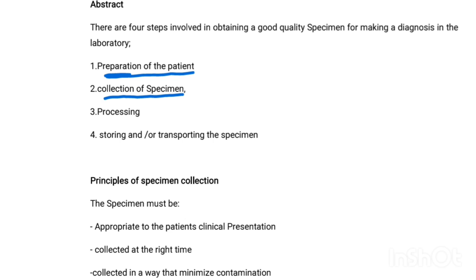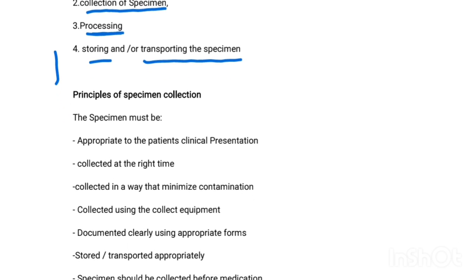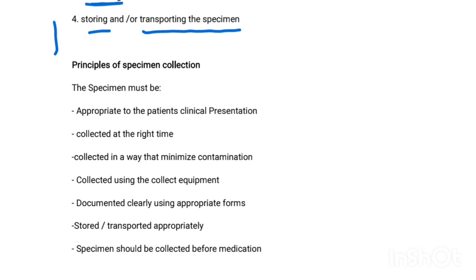When the specimen is collected, it's being processed. When being processed, then storage or transporting the specimen. So there is a principle of collecting a specimen. So this is the principle.